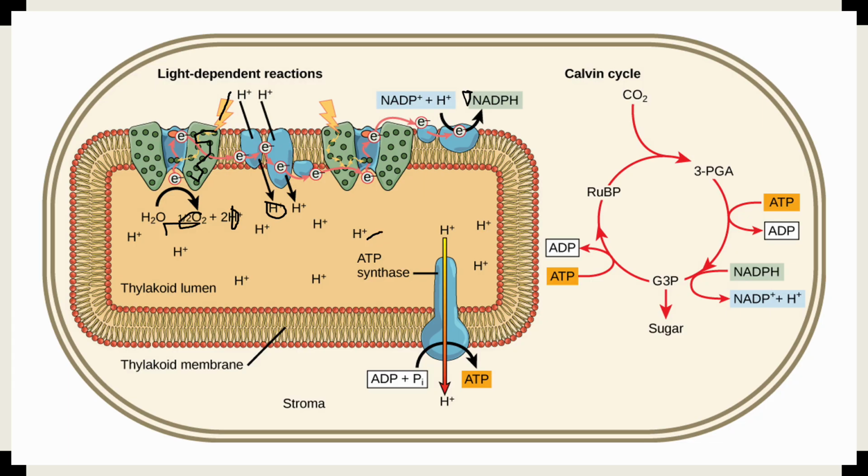And as our hydrogen ions build up, as water molecules are split, those hydrogen ions will essentially fuel the work to make our molecule of ATP, which is then used in our second phase here. Along with the electrons that we have stripped, it makes essentially a molecule of sugar, or glucose in this case.